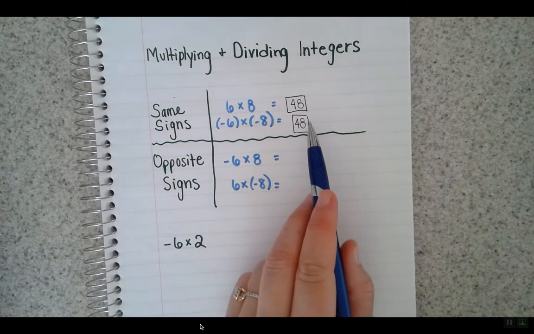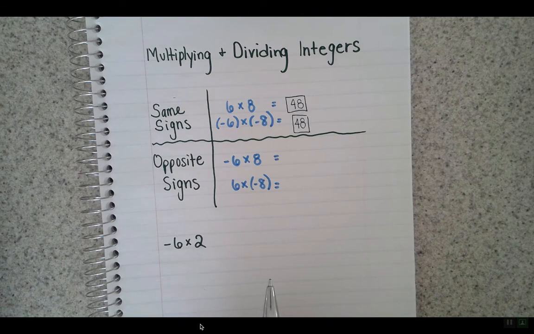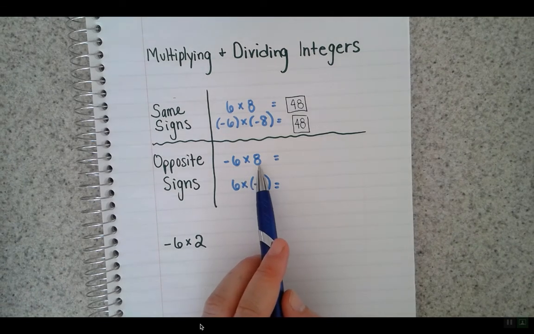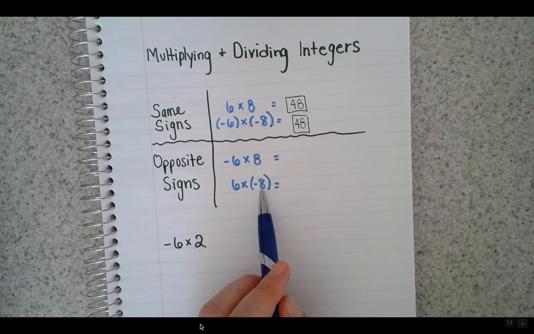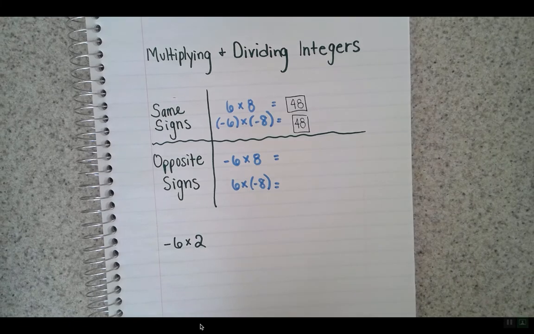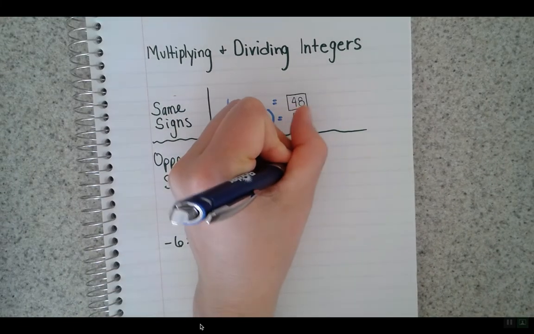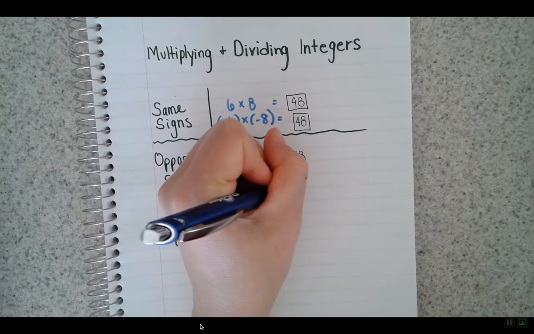Okay, here are some examples of opposite signs problems. Here, the 6 is negative, but the 8 is positive. Opposite signs. And below, the 6 is positive, but the 8 is negative. These are two examples of opposite signs problems. So to get the answer, you multiply like normal. 6 times 8 is 48.